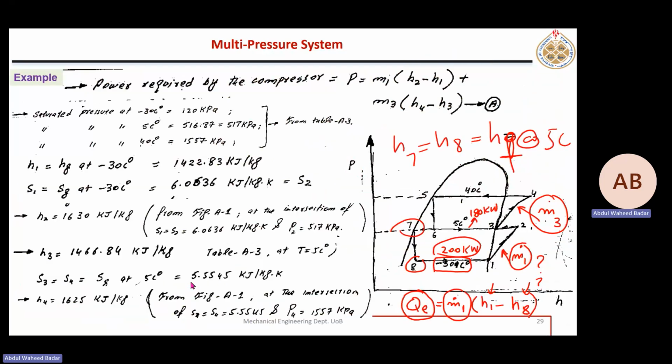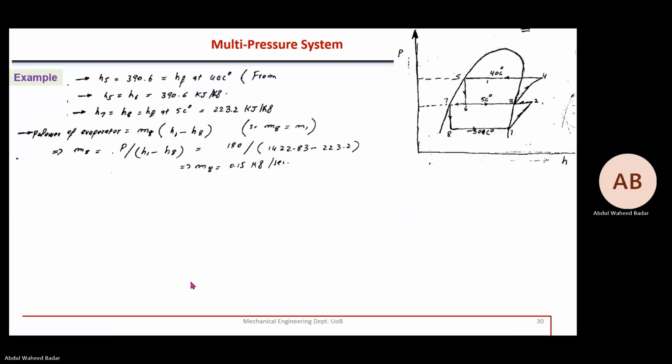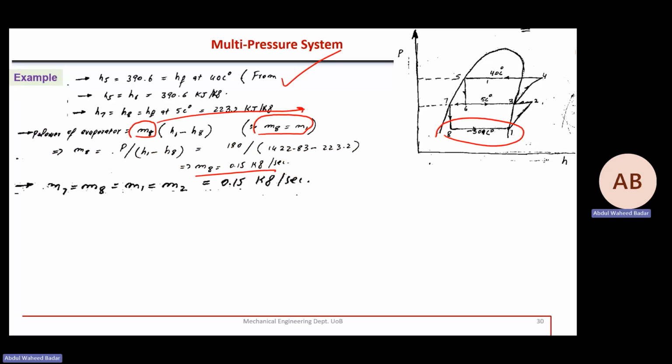So let's go back to the solution. We were here. Okay, enthalpies are clear. So this is m dot 8, which is equal to m dot 1. That is from this QE. So m dot 7 is equal to m dot 8 is equal to m dot 1 is equal to m dot 2. All right.